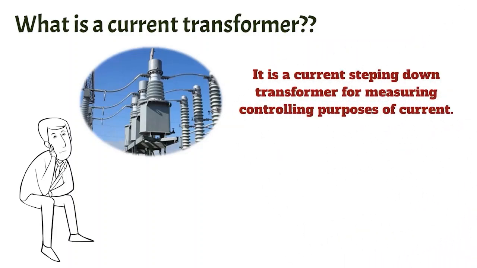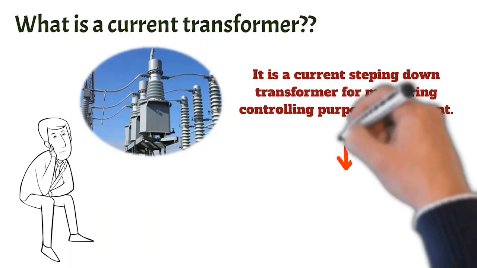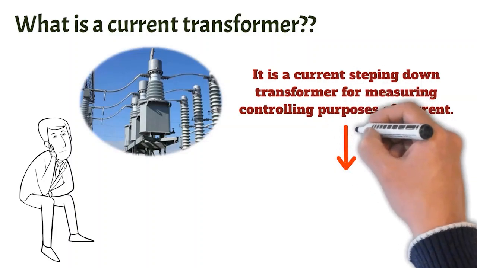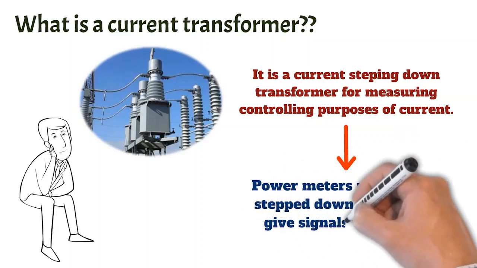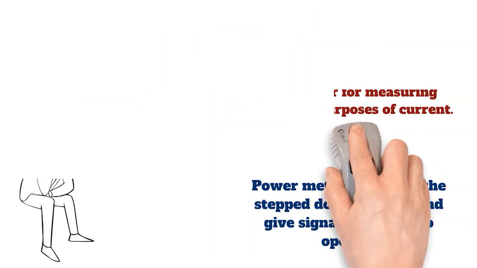We can find these current transformers from switchyards to clip-on ammeters in many electrical applications. Industrial current transformers step down the current so that power meters can measure the currents and give signals to relays to operate.